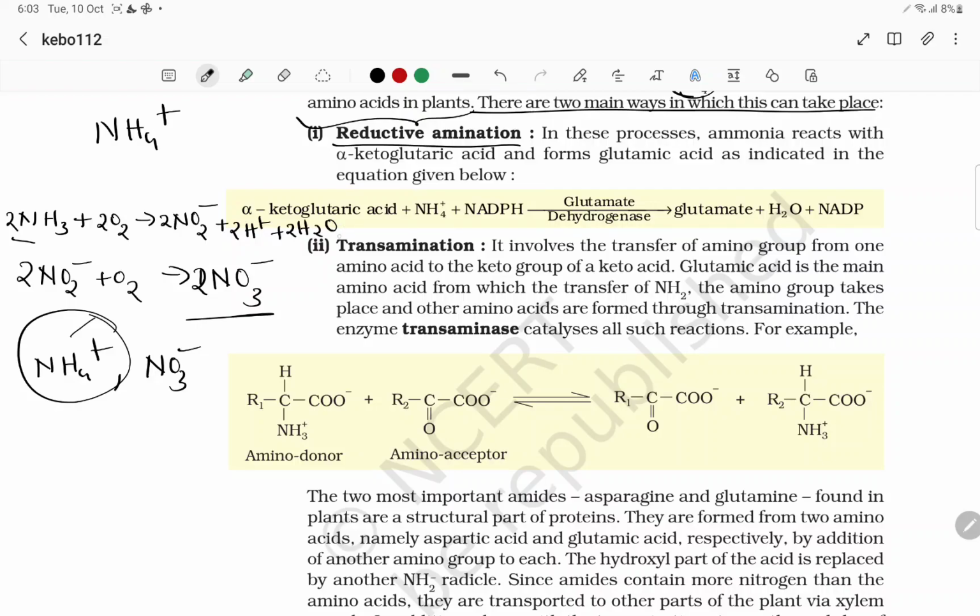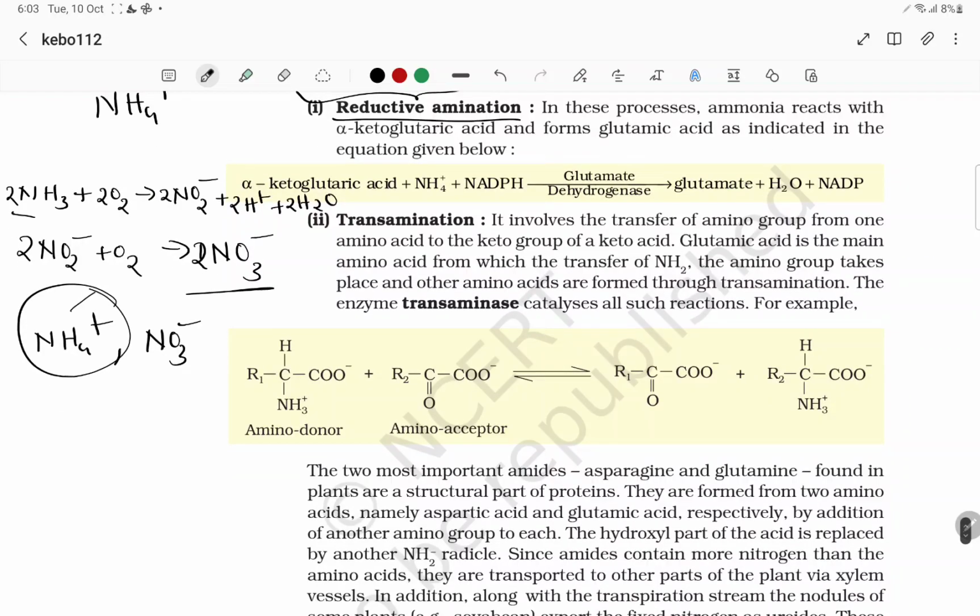So alpha ketoglutaric acid plus ammonium ions plus NADPH forms glutamate and NADP. So in this process ammonia reacts with alpha ketoglutaric acid and forms glutamic acid, as indicated in the equation below.